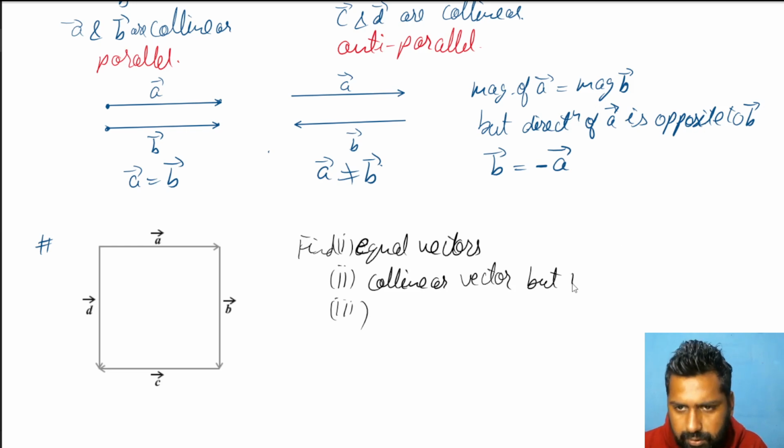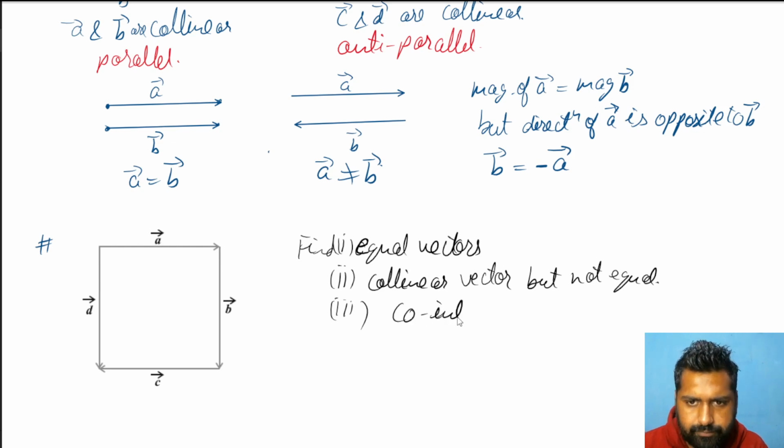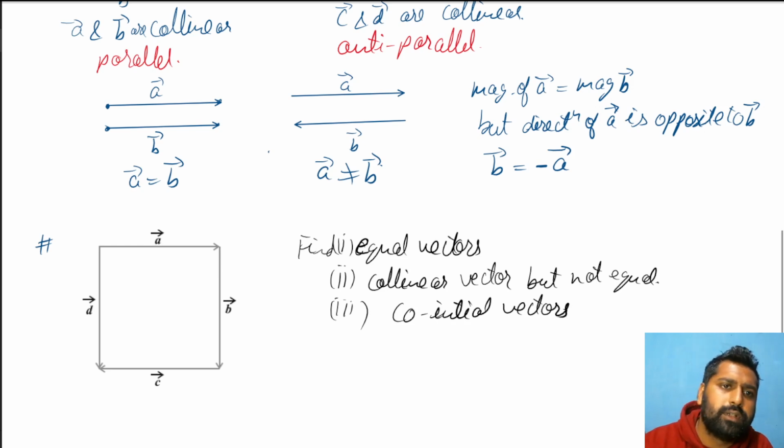They should be collinear but not equal. And lastly you have to find co-initial vectors. Very simple question.